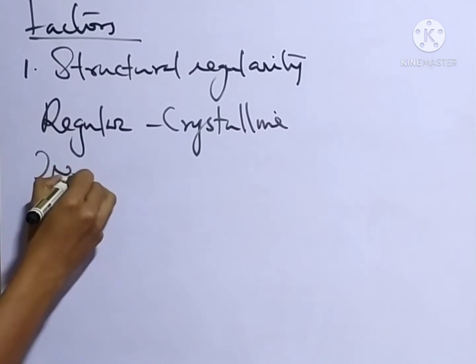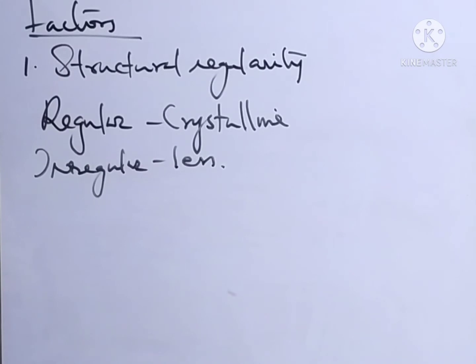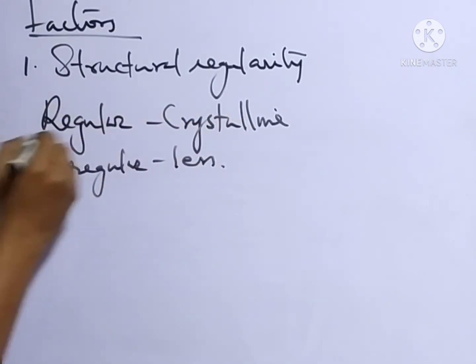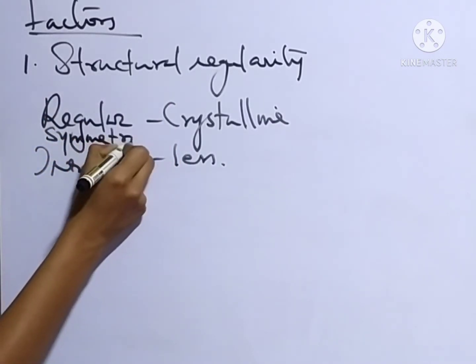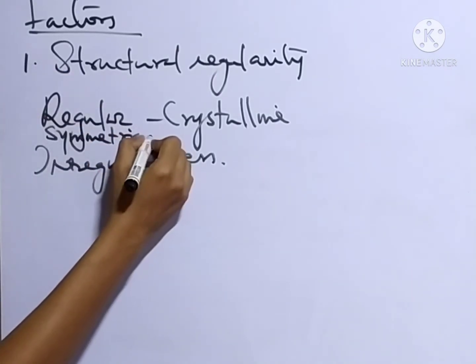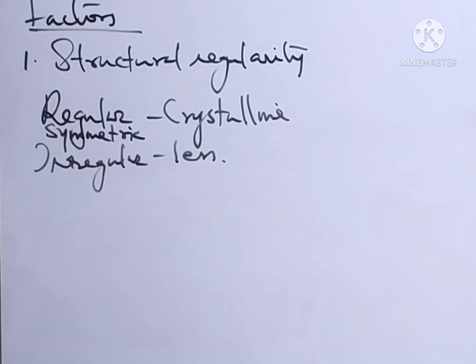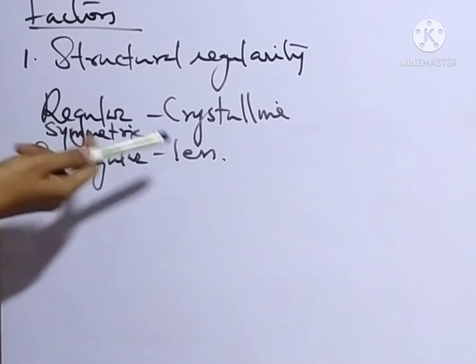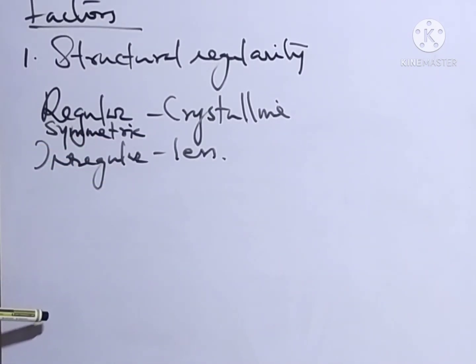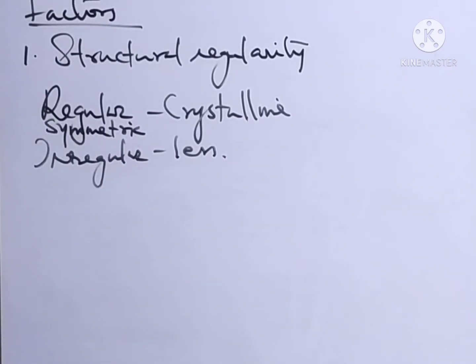If it is irregular, it is less crystalline. Or we can say if the polymer is symmetric or stereoregular, then these are crystalline in nature. If it is less symmetric and non-stereoregular, then it is less crystalline in nature. That is, amorphous nature is more in that polymer molecule.